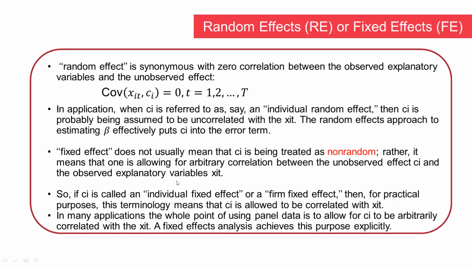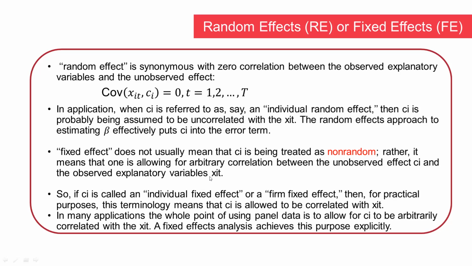But here, the covariance doesn't equal zero, right? Covariance doesn't equal zero under the fixed effect model. If it is not equal to zero, then we need to use the fixed effect model. As an example, we can take ability and education. Ability is an unobserved effect, and education is an observed factor.